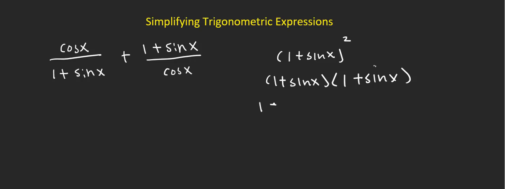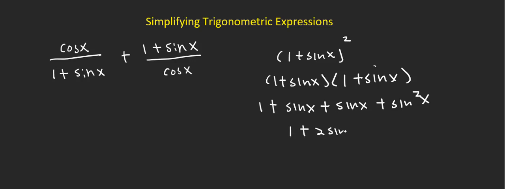So you're getting 1 plus sine x plus sine x plus sine square x. And adding up the like terms, you get 1 plus 2 sine x plus sine square x. So this is equivalent to that expression right there. You'll see why we needed to go over this before I do this example.